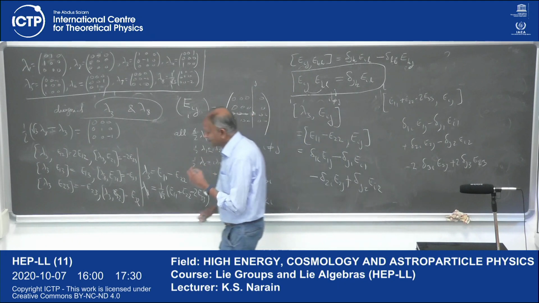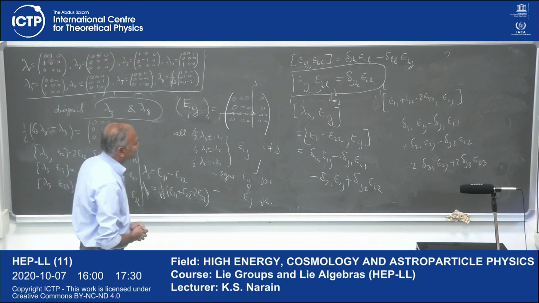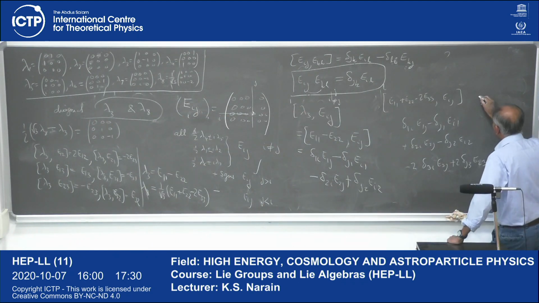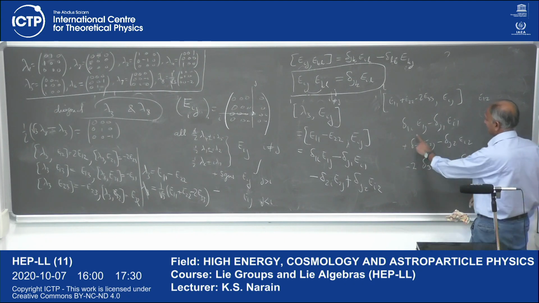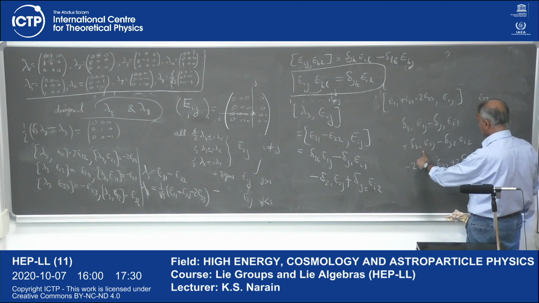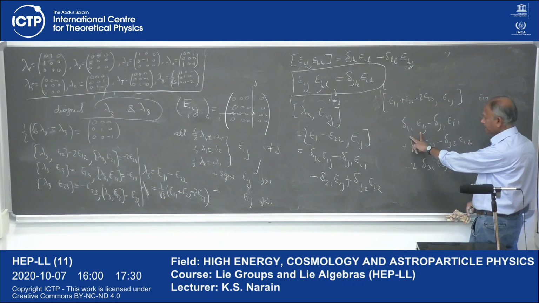Now, this is a bit of a mess to check each one of them. So if I take again E12, so i is 1, this drops out and that drops out, so only that survives here.